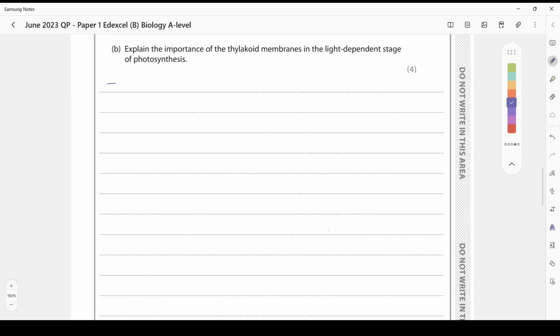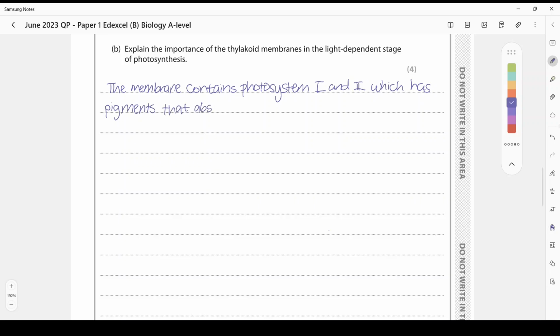So we can say the membrane contains photosystem 1 and 2, which has pigments that absorb light.